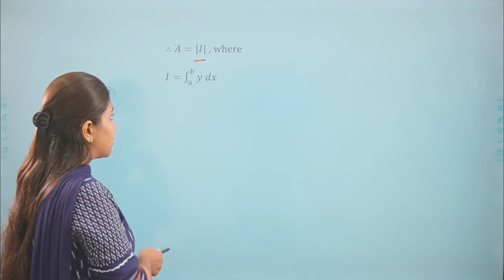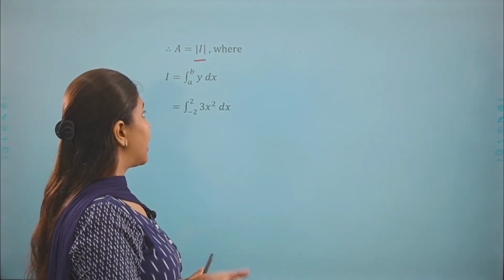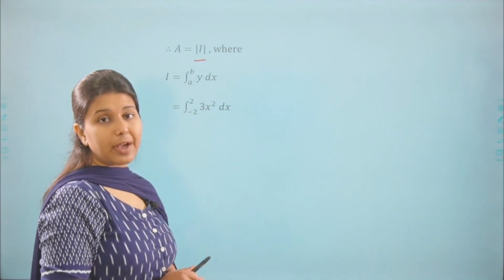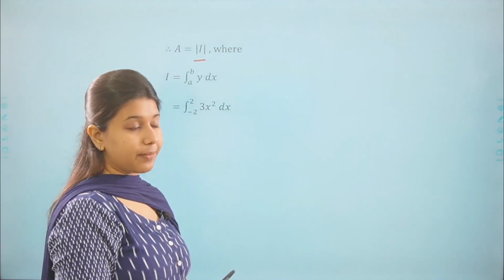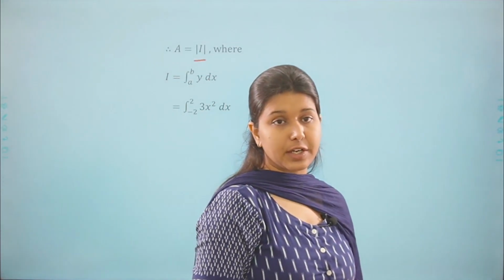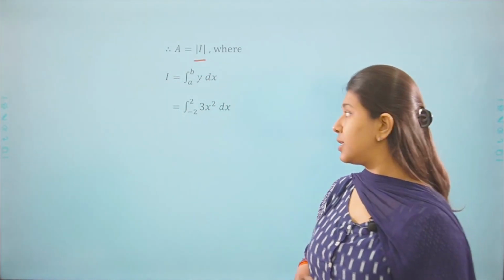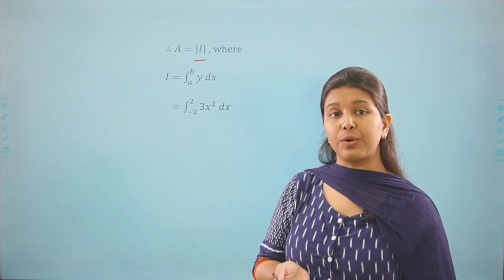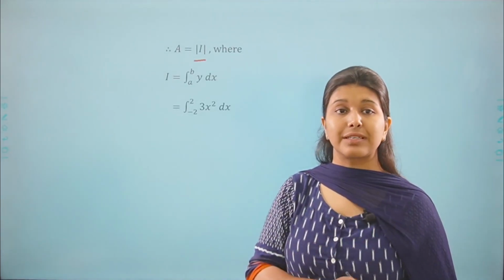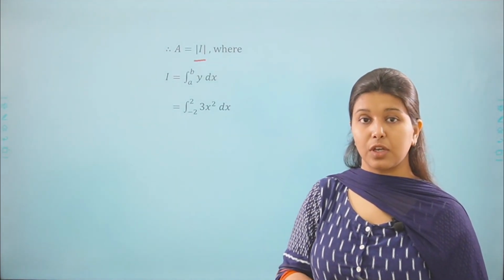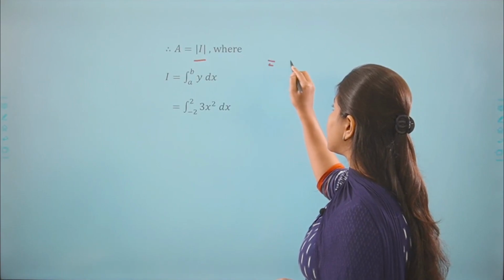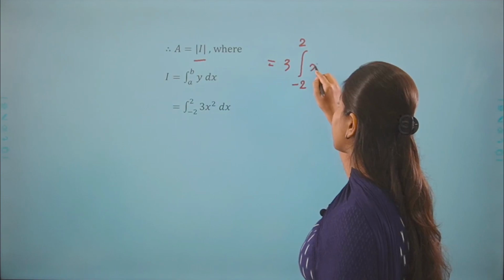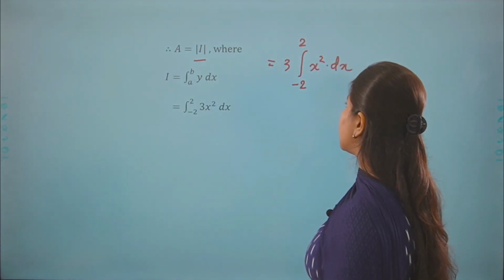Putting all these values in your term, we have a is equals to minus 2, b is equals to 2 and y is equals to 3x square. Now how to solve this integration? See, here this 3 is your constant term, and as you know, a constant term should always be taken outside the integration. So you can write it as 3 integration of minus 2 to 2 x square dx, right?